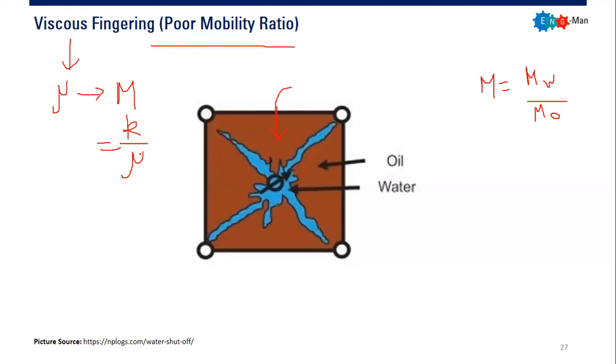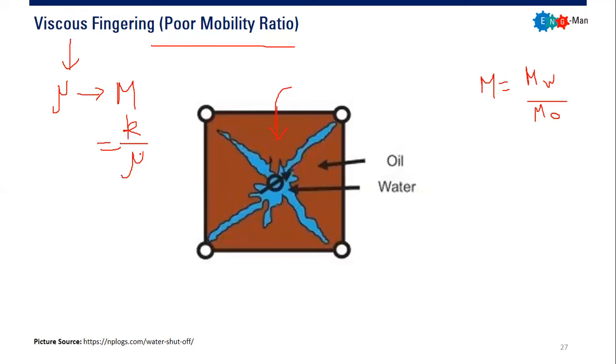By the way, some literature say that viscous fingering occurs mainly in microscopic scale, okay, rather than macroscopic scale. But I don't think that's quite right. Okay. Of course, viscous fingering can occur microscopically and macroscopically.